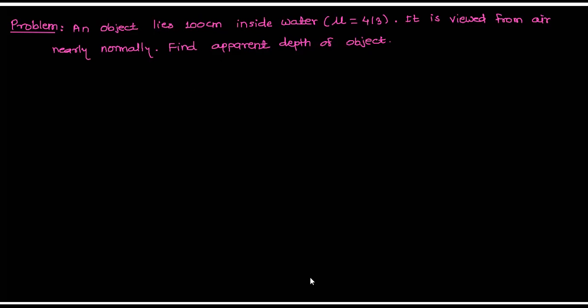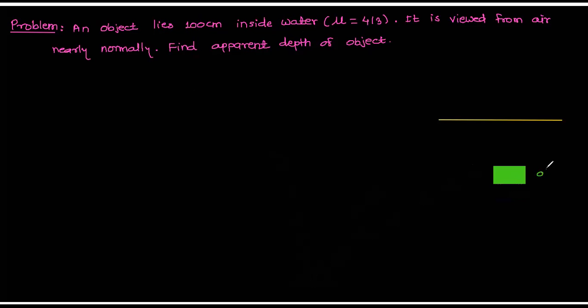Okay, so let me draw one rough diagram for your understanding. Now this is the interface, and let us suppose object is like this. This is object, and I have placed object like this. Can you see?